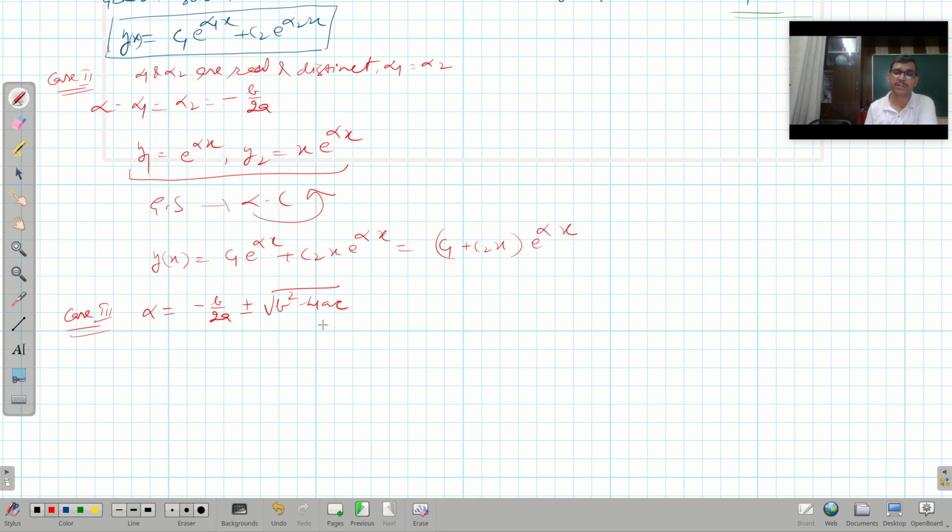But b square minus 4ac is a negative value. So it can be written as minus b upon 2a plus minus iota, which can be taken outside, so that's why it will become positive.